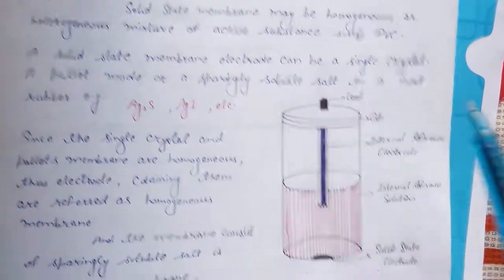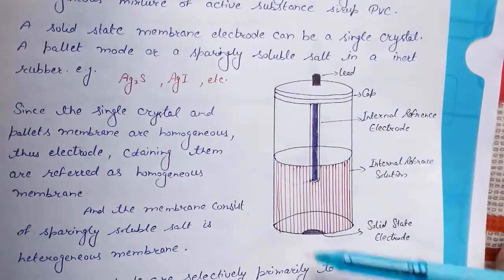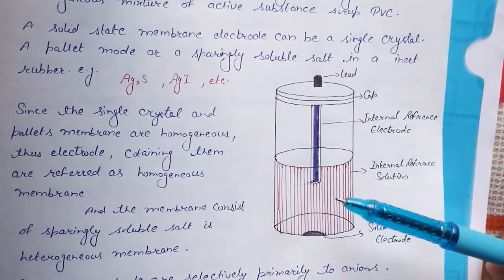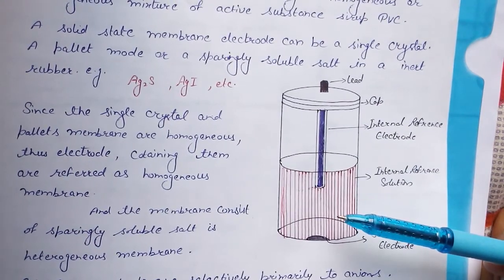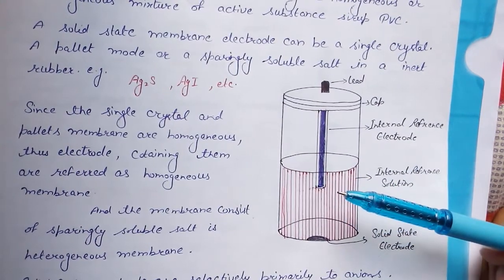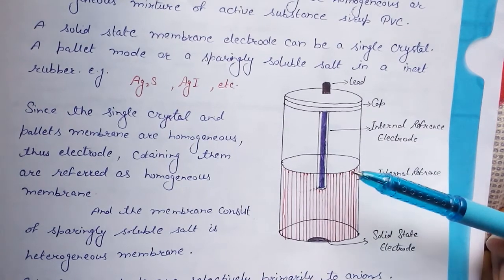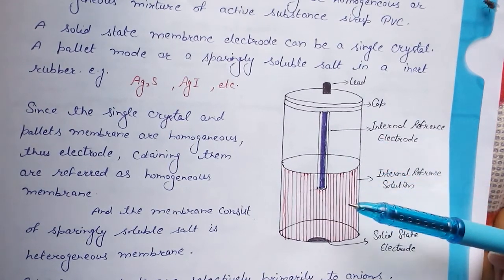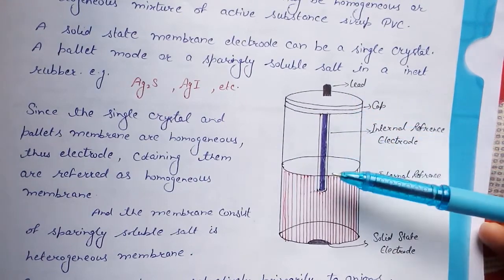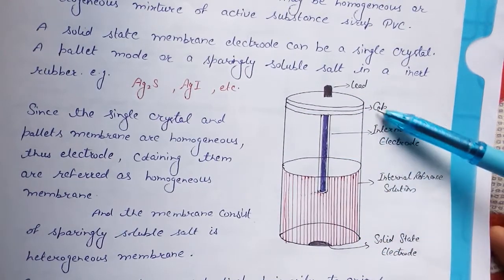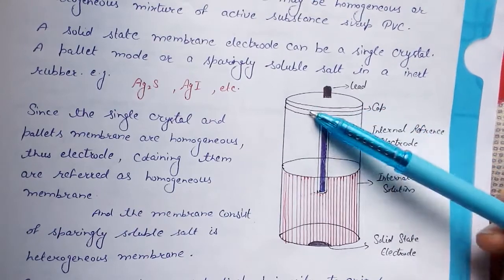This is the diagram of the solid state electrode, which is the most important thing about this electrode, because without a diagram it's not possible to explain everything about the electrode, right? In this electrode there is a metallic cap over here.